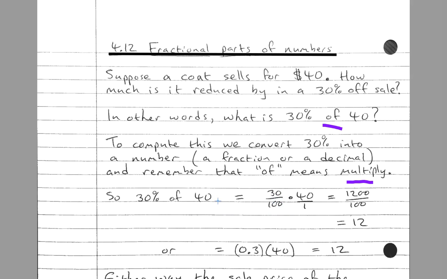A simple way to do it is to write it as a fraction. 30% means 30 over 100, and we're multiplying that by 40. So two fractions here, 40 over 1.